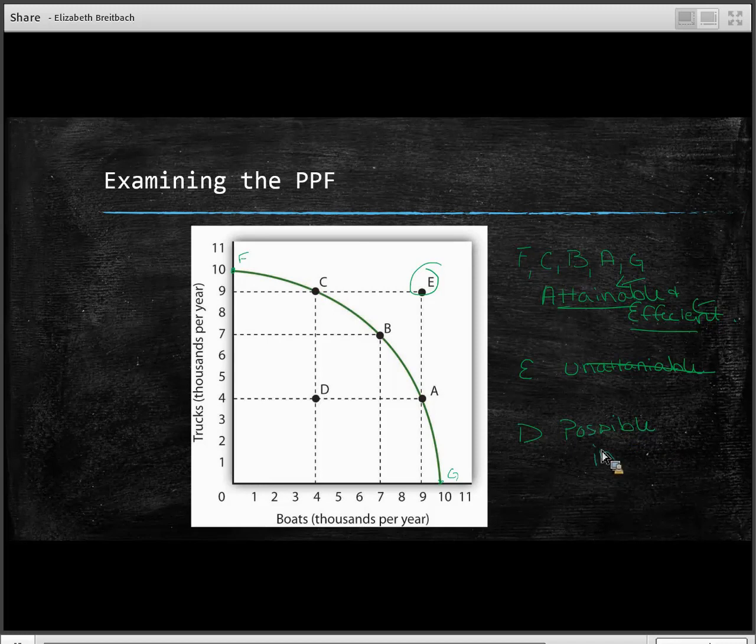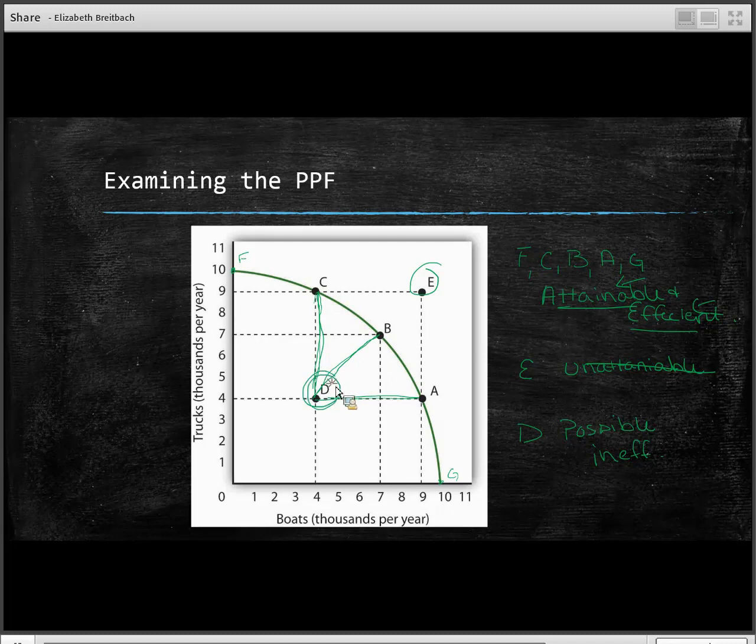but it's inefficient. Point D is inefficient because at point D, we could use some of those resources that aren't being productive, and we could produce more, in this case, trucks. We could produce more trucks, and we don't have to give up any boats. Or we could produce more boats, and we don't have to give up any trucks. Or we could produce more of both goods, at zero opportunity cost.